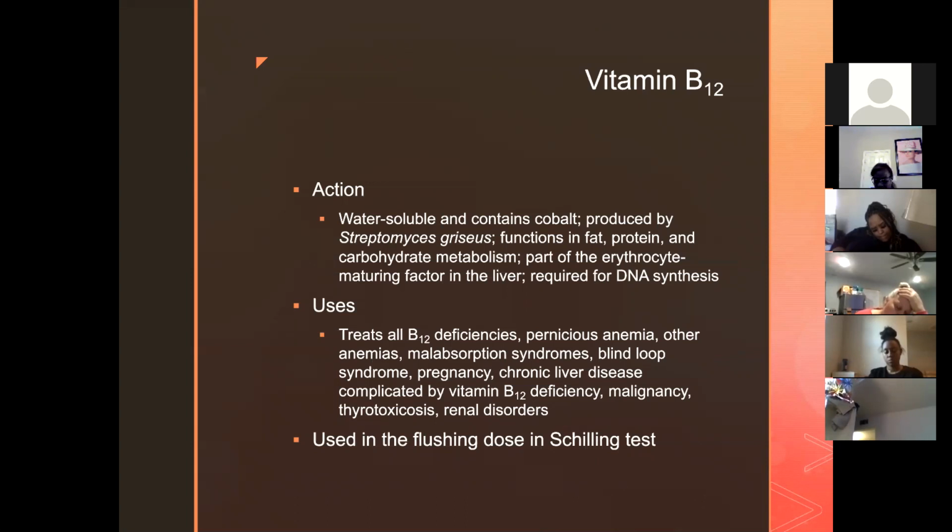And they can have gait problems, problems with walking, or paresthesia. In their extremities, they may feel like they're on pins and needles. Those are things that can happen if your patient is deficient in B12.